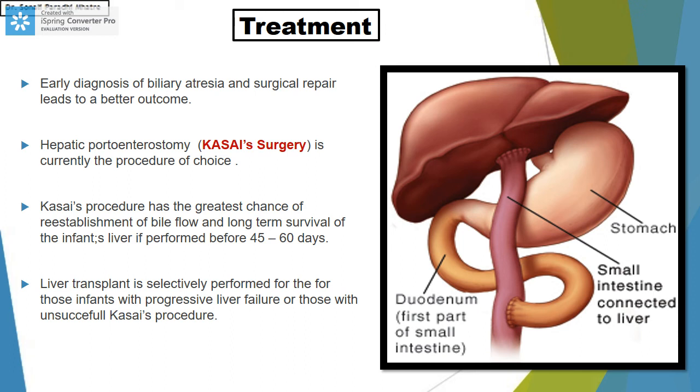The liver can have a very good survival if the surgery is done before 45 to 60 days. Liver transplant is selectively performed for those infants with progressive liver failure or those who have an unsuccessful Kasai's procedure.